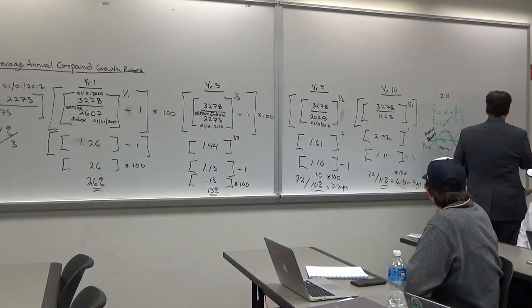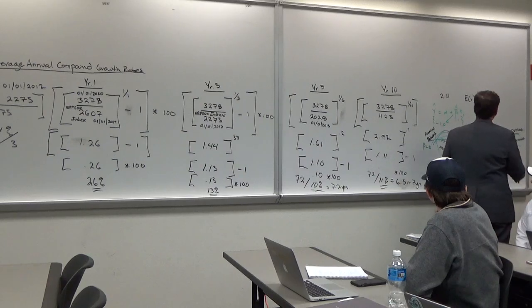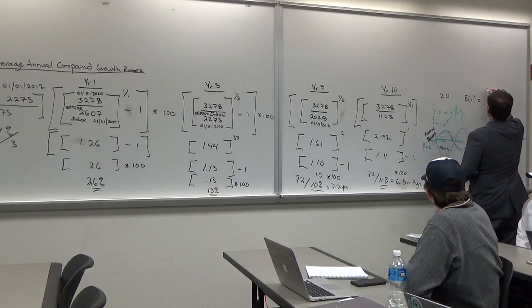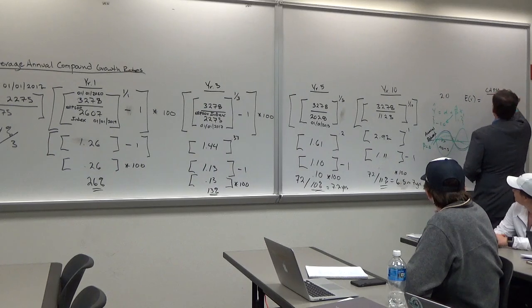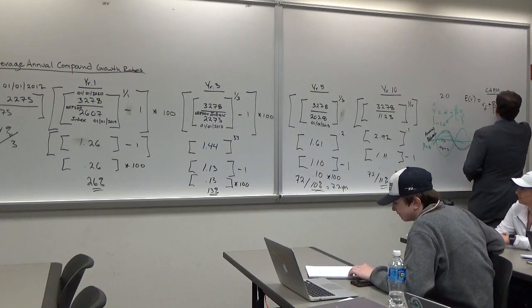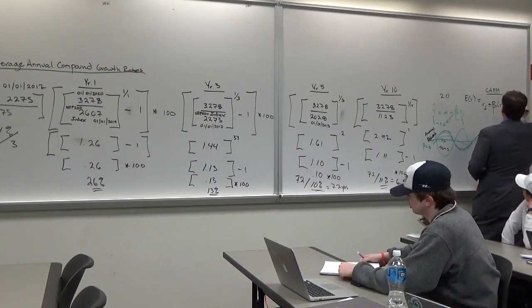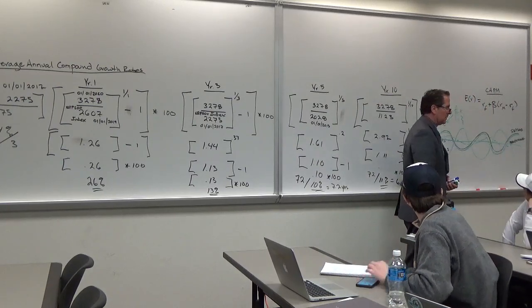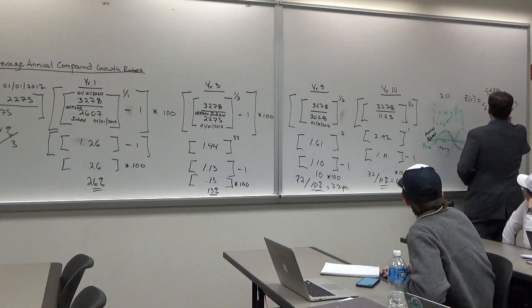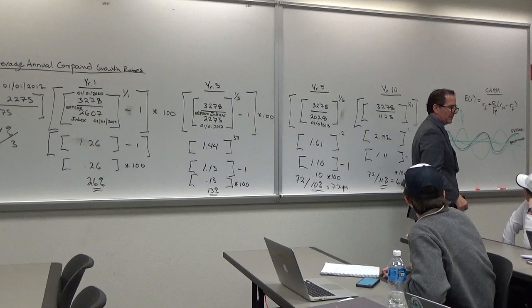So I'm looking at stocks. I'm looking at the expected return on the stock. I'm going to use the capital asset pricing model: the risk-free rate plus the beta times the return on the market minus the risk-free rate. If I'm looking at a company with a high beta, what's my expected return going to be?